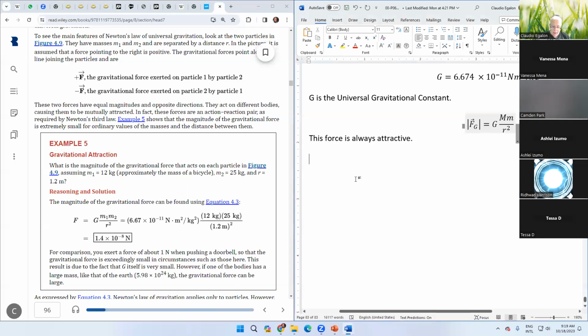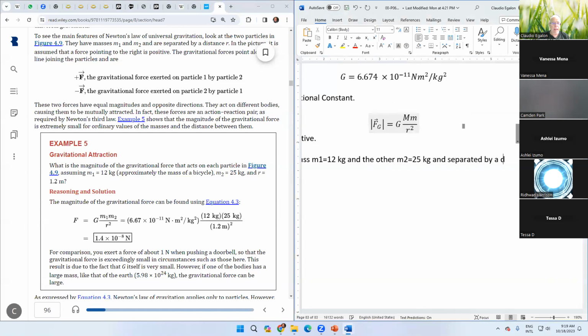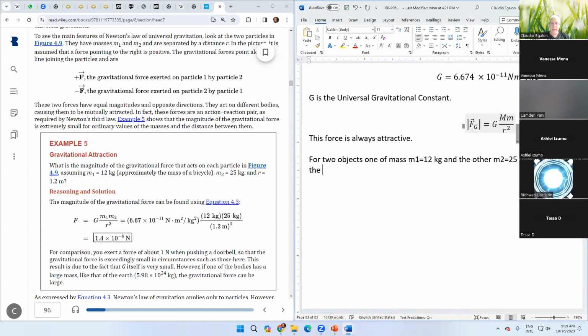So the idea here, for two objects, one of mass M1 equal to 12 kilograms, and the other M2 equal to 25 kilograms, separated by a distance of 1.2 meters, they do attract each other.